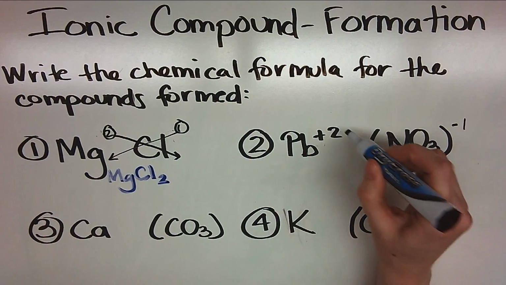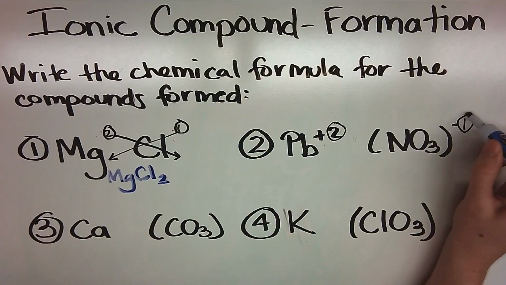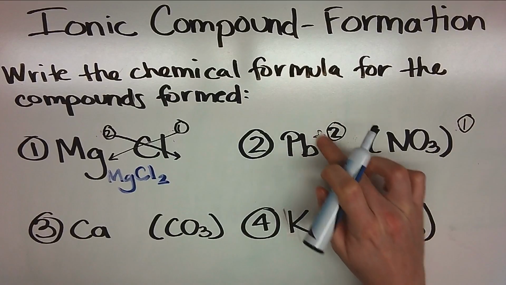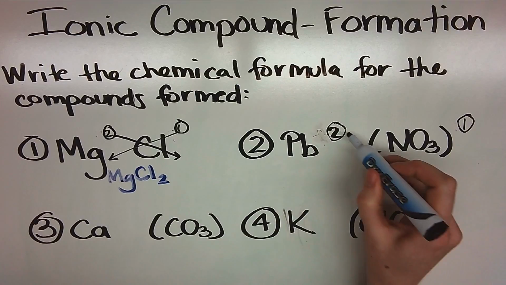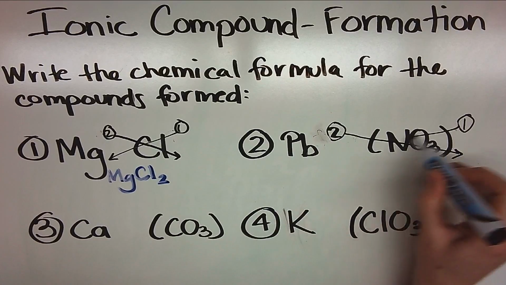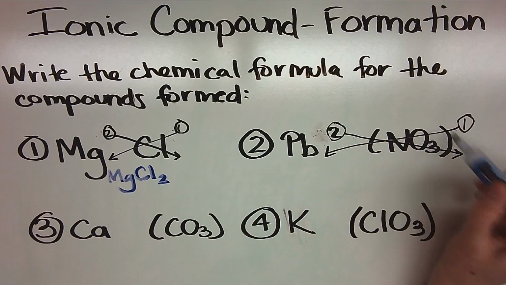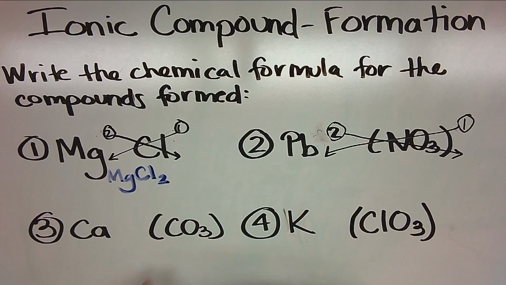Now, same thing as before, circle the numbers, disregard the charges because our compound's going to be neutral, and I crisscross. So one reason why I put all of the polyatomic ion groups in parentheses is just so we don't get confused.